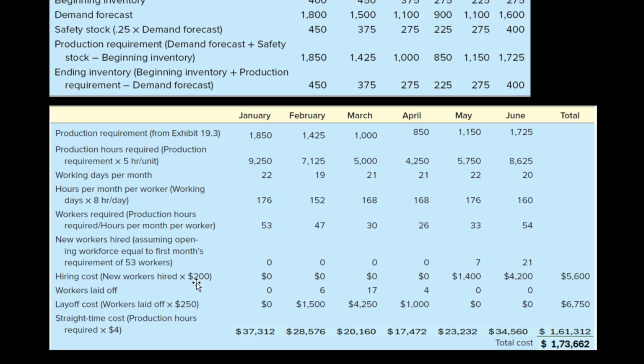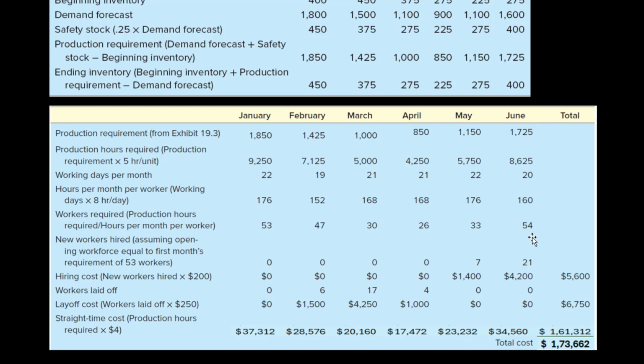For that our cost will be 200 into 7, 1,400. Please understand, when you are having layoff cost, you will not have hiring cost. When you have hiring cost, obviously you are not going to lay off anybody, so there will not be any layoff cost. So either of these two will be there. So when we continue like this, for 33 people we are going to pay the straight line cost of this.